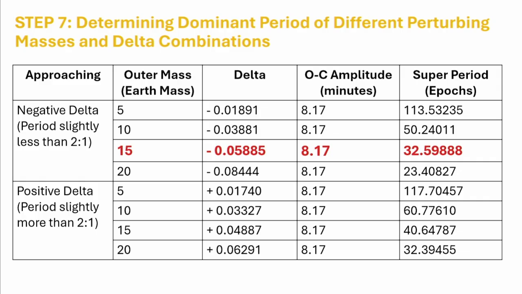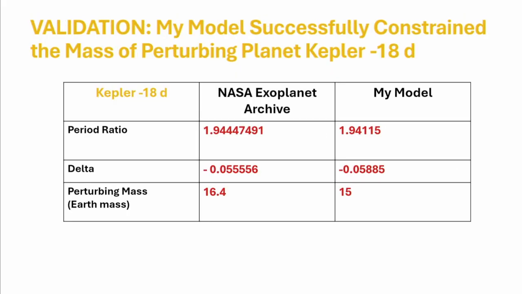As you may recall earlier, I had said the super period of Kepler-18c was 35 epochs. Scanning all of these, all with very different epochs, I found the one which had the closest, 32.6 epochs, and that was with an outer mass of 15 and delta of about minus 0.058. So that was the value I'd found: the mass was about 15 and the delta was minus 0.058.